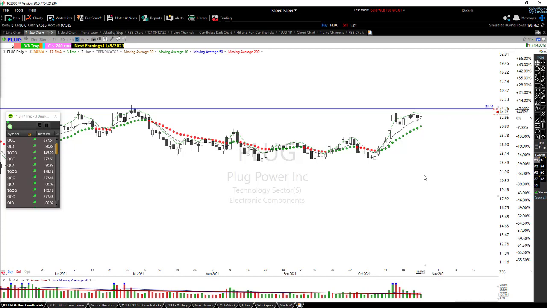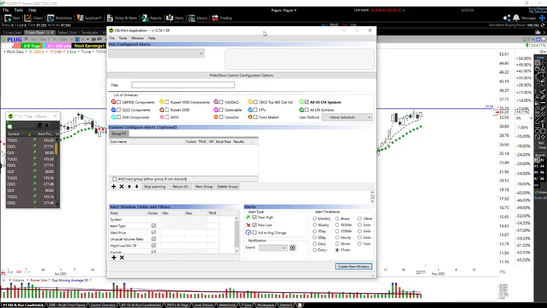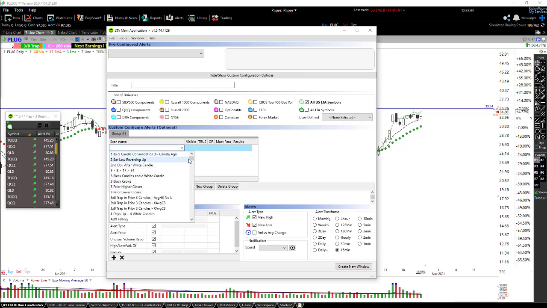Yes, you can. Let me show you something, Tex. I'm going to bring up a new alert window. So for the recording here, Tex is asking, can you build your own scans? And yes, you can. First of all, you click on this plus sign, and I just want to share with you, look at all the scans that are already pre-built.